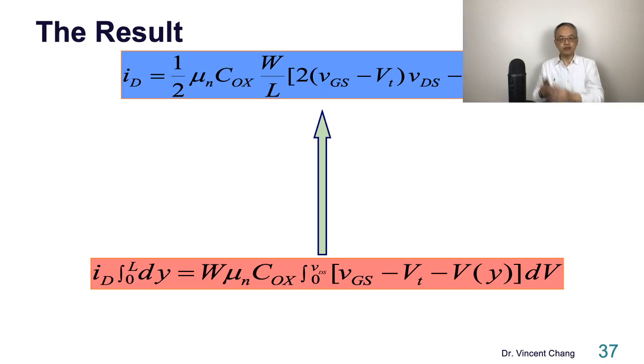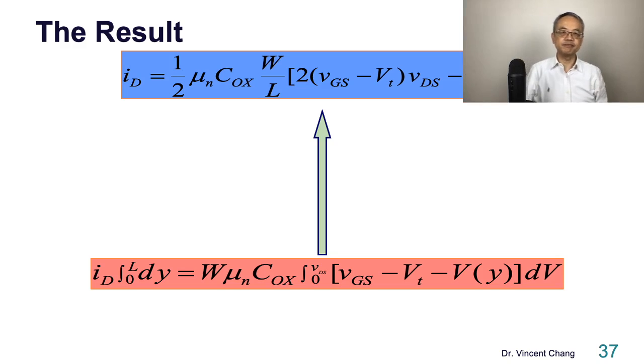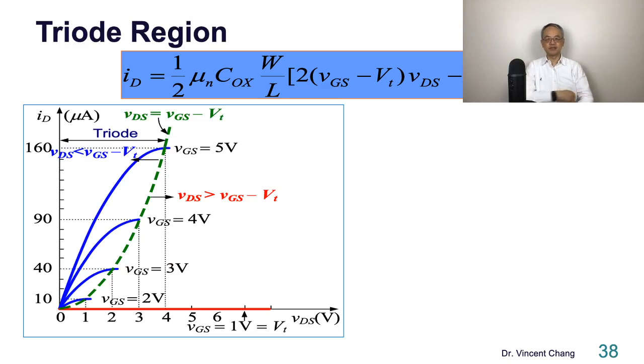So pull out the 2, then here's the answer: half mobility, oxide capacitance, channel width divided by channel length, because L moves from the left hand side to the right hand side, times VGS minus VT, VDS minus VDS squared. For the triode region, again, this equation only applies in the triode region.